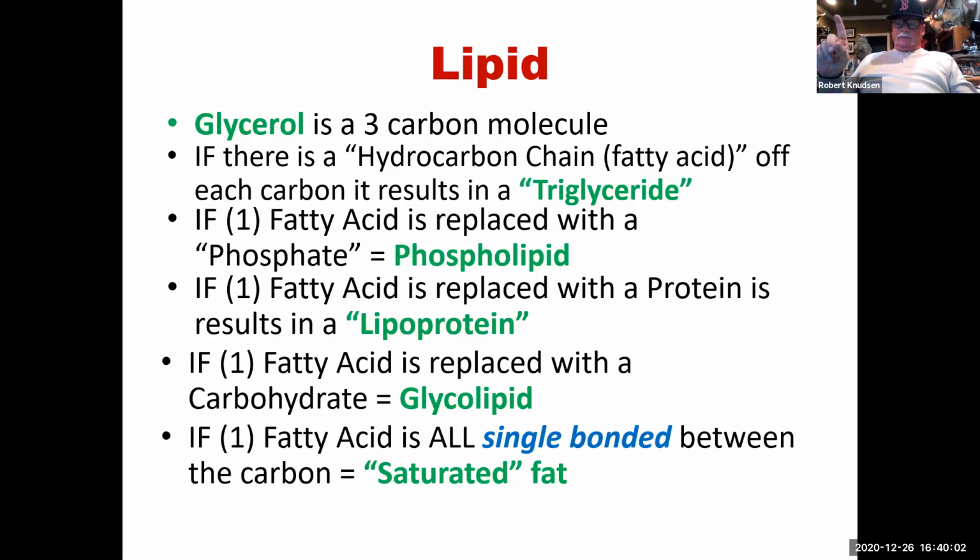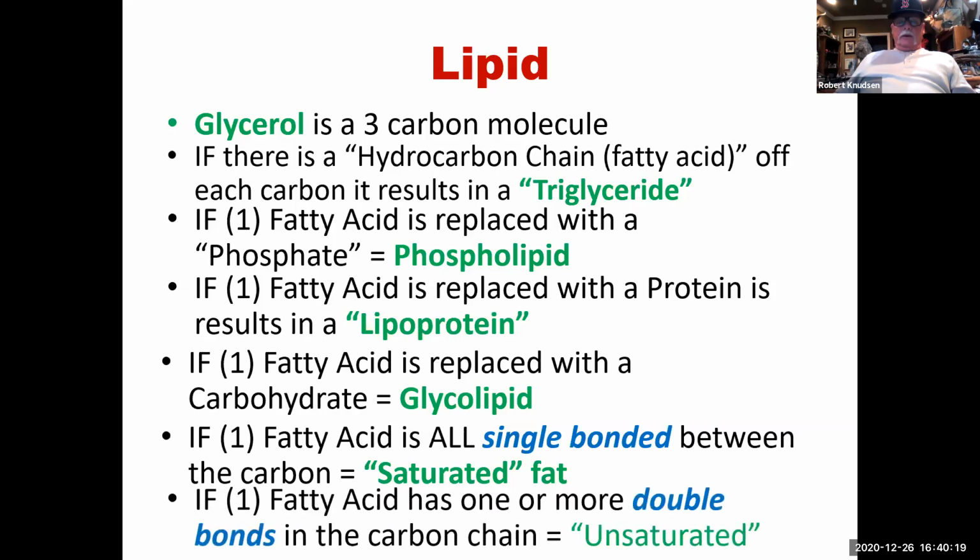Okay, so a saturated fat, test question. A saturated fat has single bonds in the carbon chain, period. If it has one double bond, here's your test question: it is no longer a saturated fat, it is an unsaturated fat. Okay, it says right here, if a fatty acid has one or more double bonds, it is considered unsaturated.